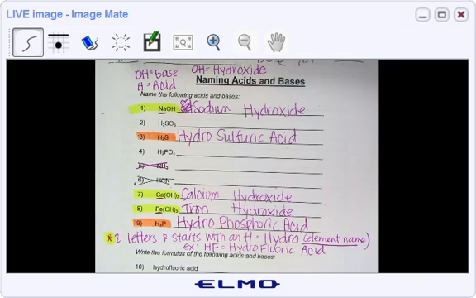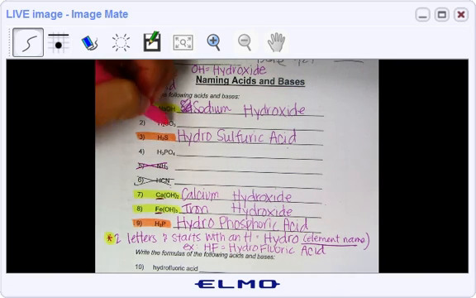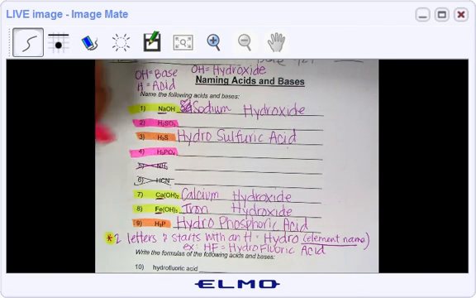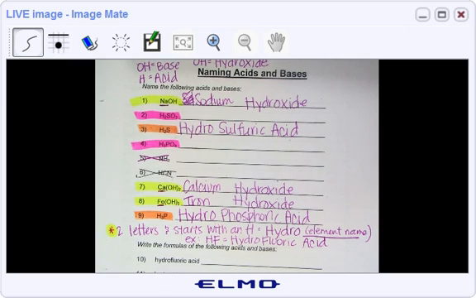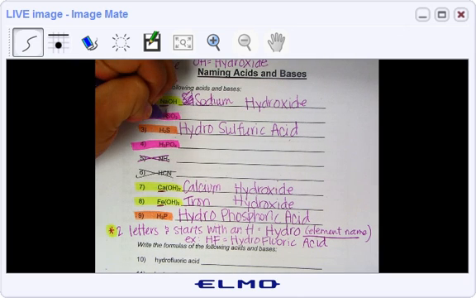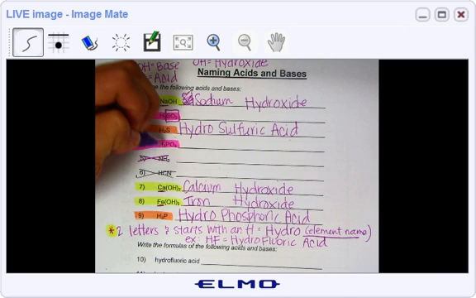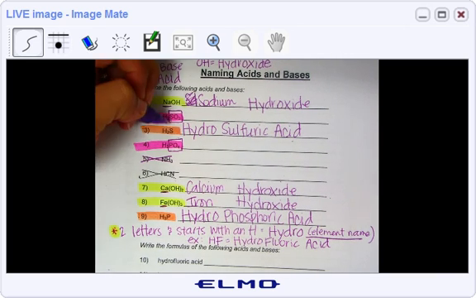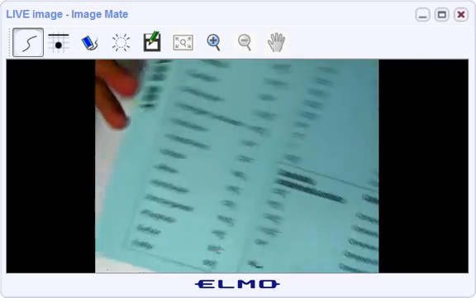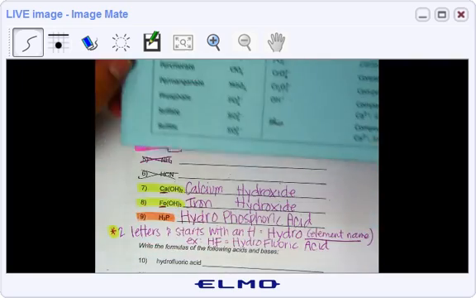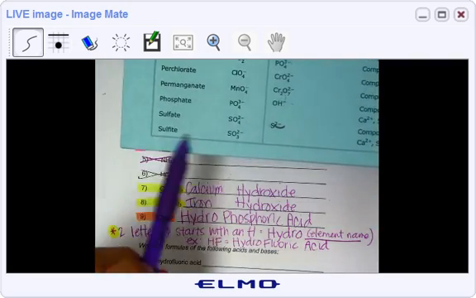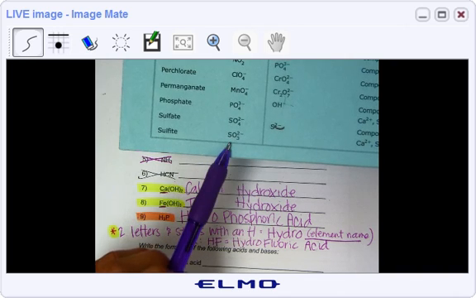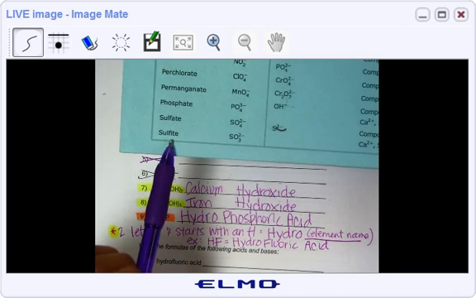When you're looking at these, you're really only looking at this part, which is called the polyatomic ion. So SO3, you want to look it up on the chart. It's right down here on the bottom. SO3 is sulfite. Okay, it ends in ITE.